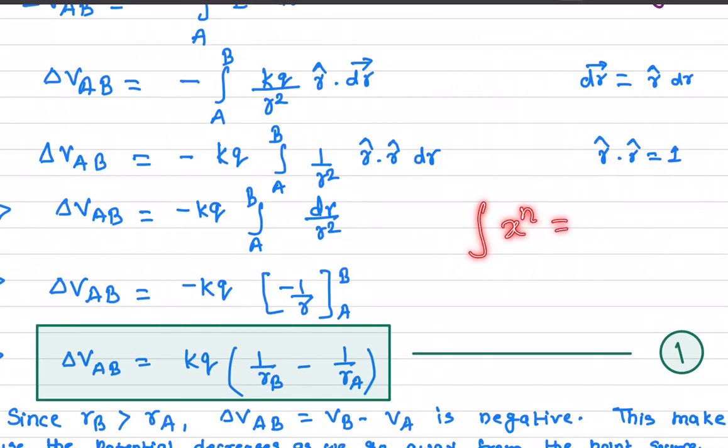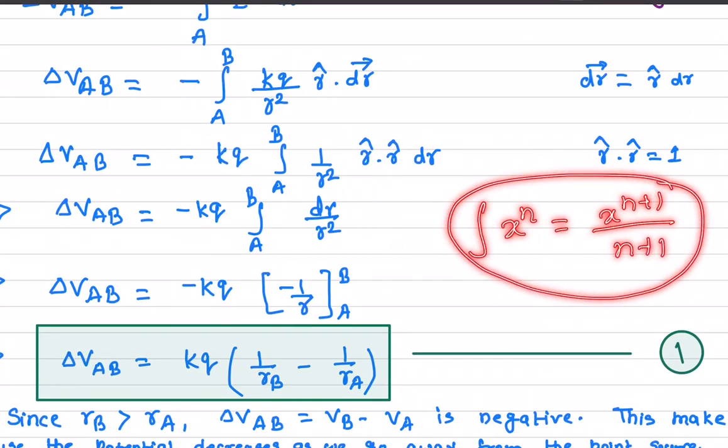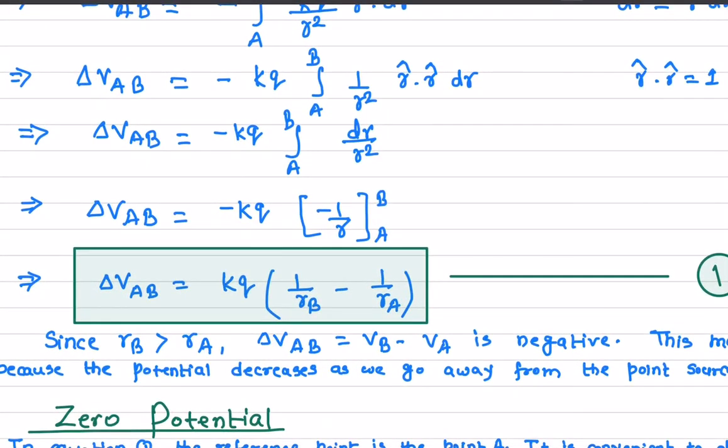It is simply equal to minus 1 over R. If you need the formula, the integration of x to the n is x to the n plus 1 divided by n plus 1. If you use this formula, then you'll come back to this equation here. Now the limit is from A to B. So after plugging in the limit, this is what you get.